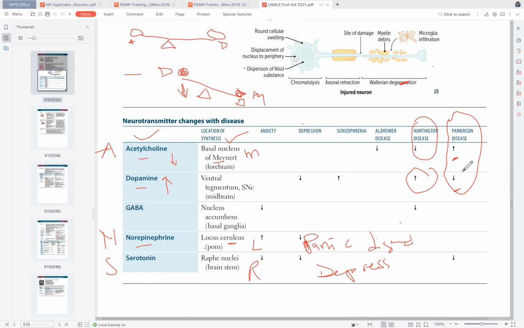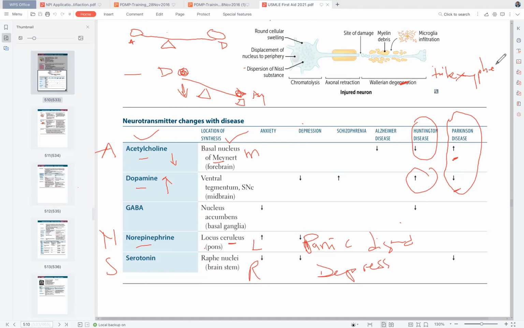And then another one that is not common, but they love it, is trihexyphenidyl. You will not find benztropine, you'll find this one.